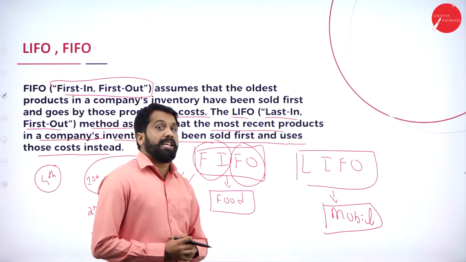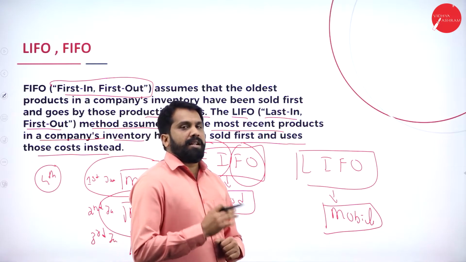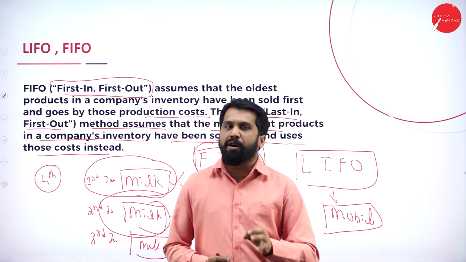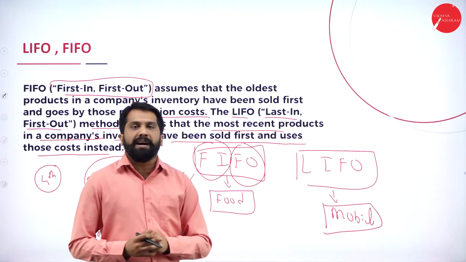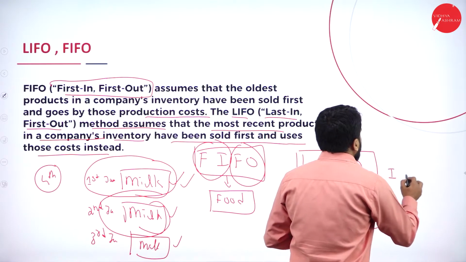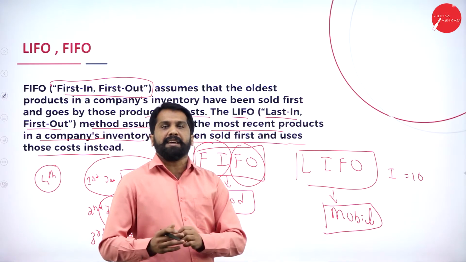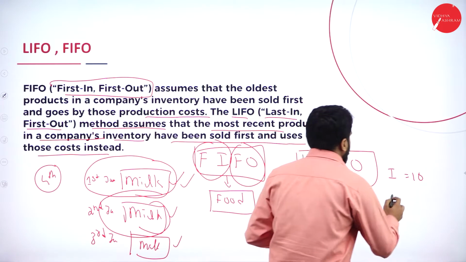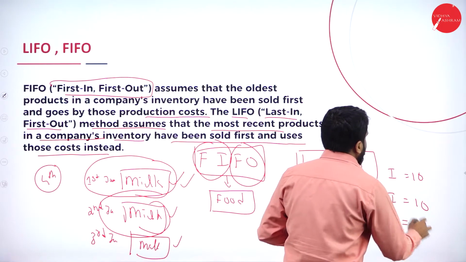Now we'll come to LIFO. What happens in LIFO? I have given you the example of mobiles. For example, you have an iPhone 10, and then one more mobile is released, the iPhone 11. Recently they have launched the iPhone 12 also.